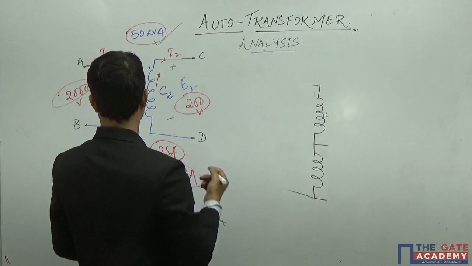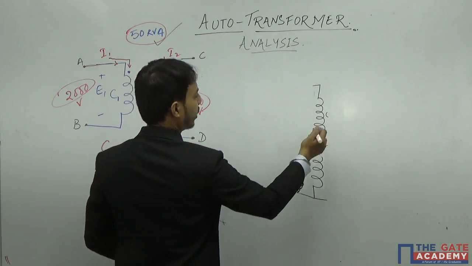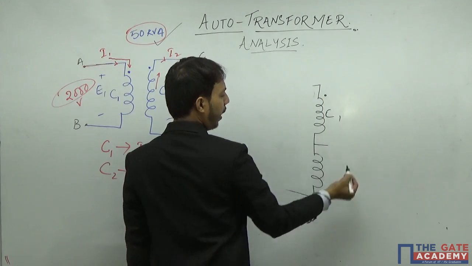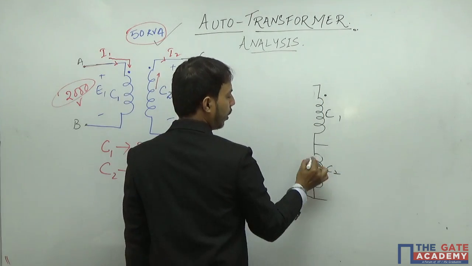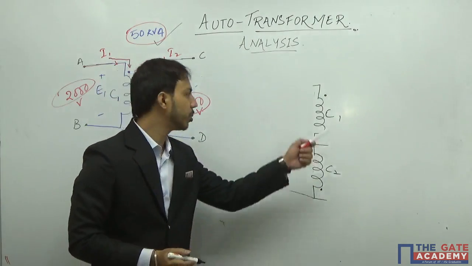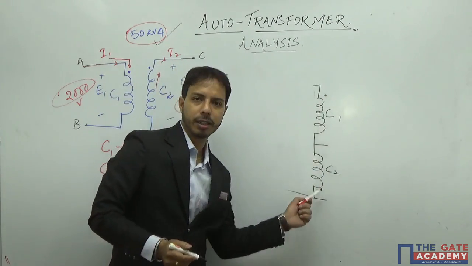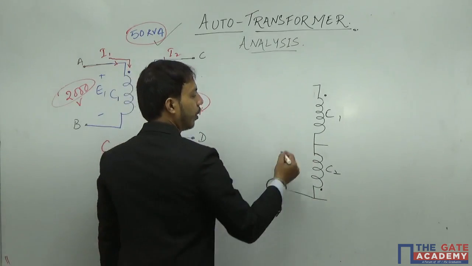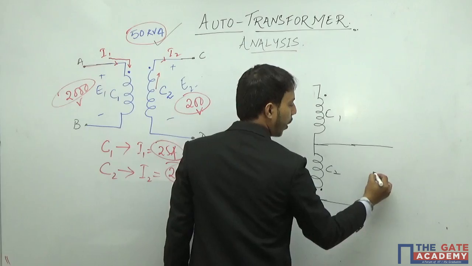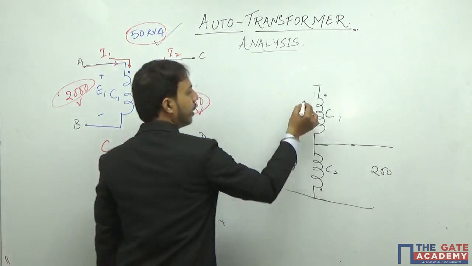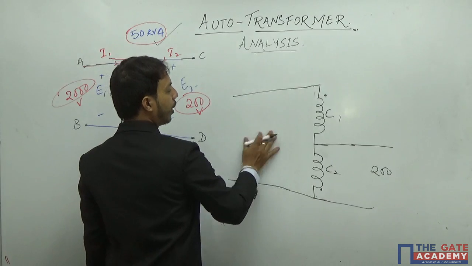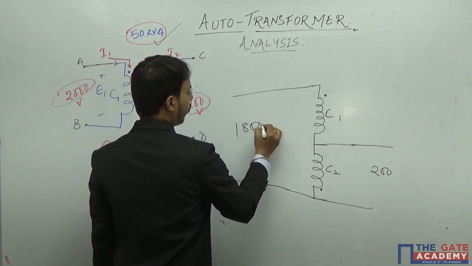Say this one is C1 and say this is C2, and say I have subtractive polarity, that means the dot will be in the opposite way. Since it is C2, my output voltage will be 200. Here my input voltage will be 1800 volts.